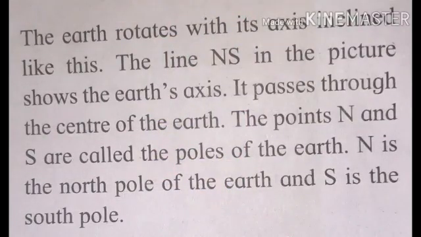The Earth rotates with its axis inclined like this. The line NS in the picture shows the Earth's axis. It passes through the center of the Earth. The points N and S are called the poles of the Earth. N is the North Pole of the Earth and S is the South Pole, as it is shown over there.